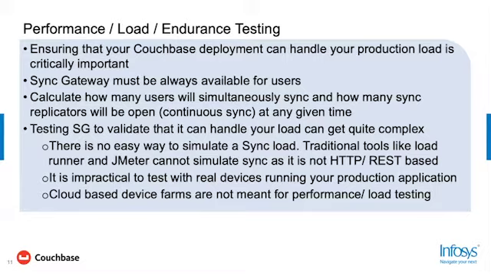All right. So let's start talking about, how do you go about testing Sync Gateway with multiple users, right? But the first order of business is to figure out how many concurrent connections are you going to have. Note that concurrent connections is not the same as concurrent users, right? So you can have situations where your application, the mobile application, opens multiple replications with Sync Gateway at the same time.